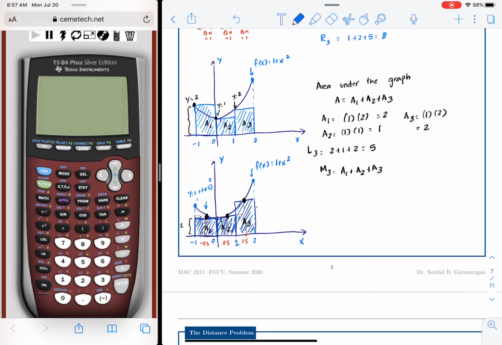That would be 1 plus 1 over 4. We get 5 over 4. There, it is 1 plus 0.5 squared. Still 5 over 4. And at that point, we would have y equals 1 plus 1.5 squared. That would be 13 over 4.